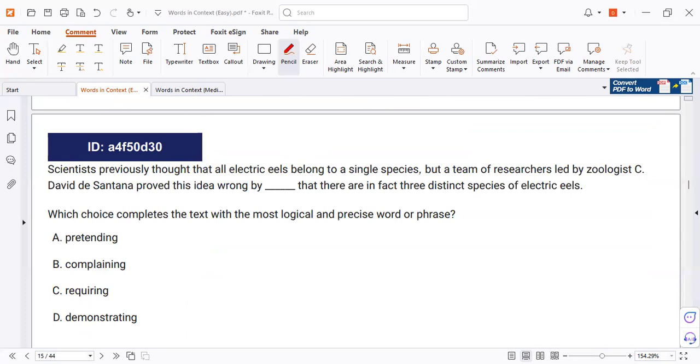C. Letter C, requiring. No, my dear. Read again. Okay.